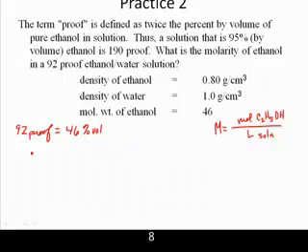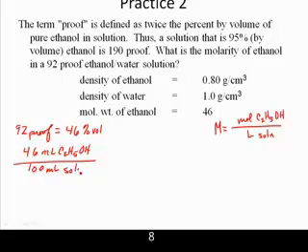Okay, so what does that mean? That means that if I have 46 milliliters of the ethanol per 100 milliliters of my solution. Okay? Alright, so let's just attack the numerator. We need moles of ethanol. Alright, and the only ratio that we have is this volume percent.